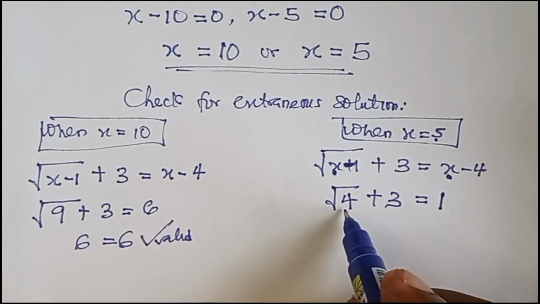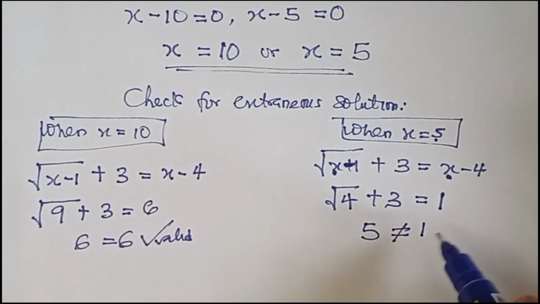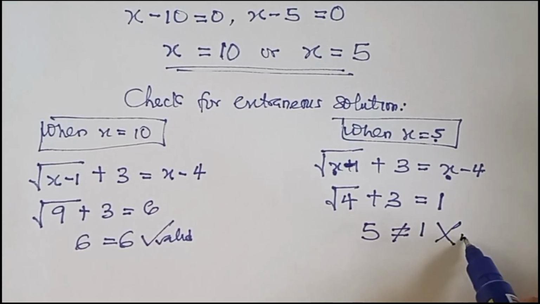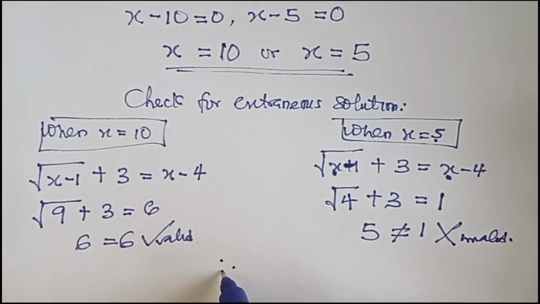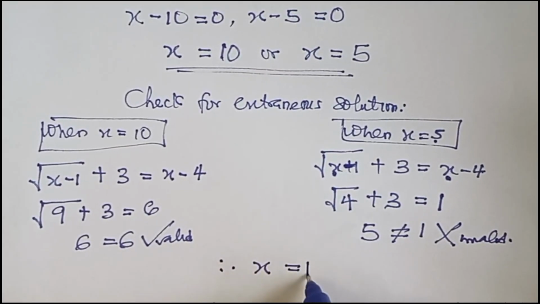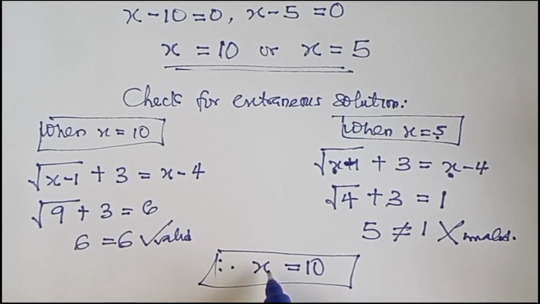Right, so this will give us square root of 4 is 2. 2 plus 3 is 5. 5 is not equal to 1. So it means this is invalid. This is not valid. So that means that the value of x is 10.